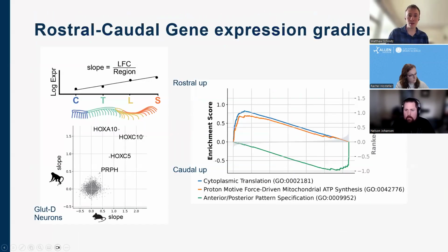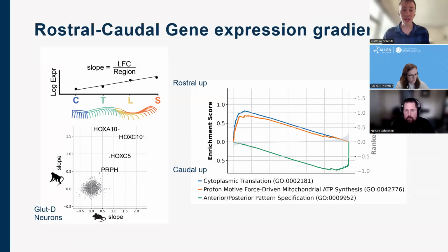We also can look across segments again at gene expression gradients, where we see that, interestingly, the Hox genes are way more likely to follow a rostral-caudal gene expression gradient.